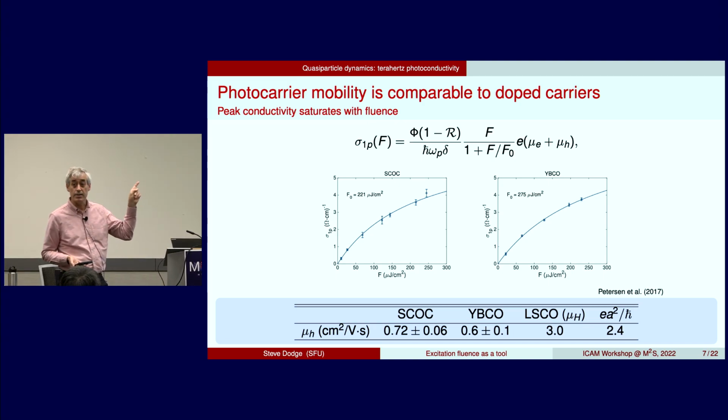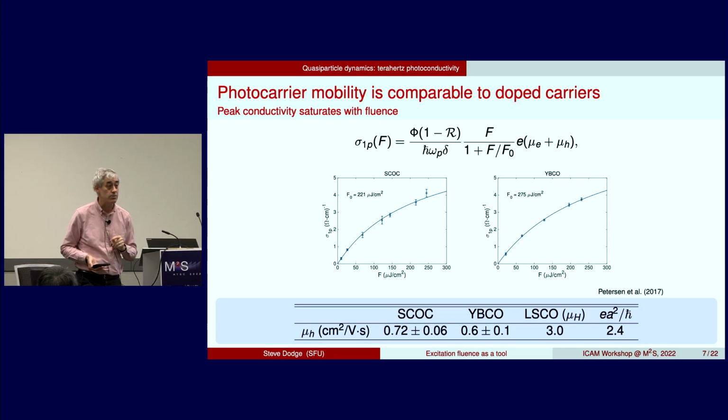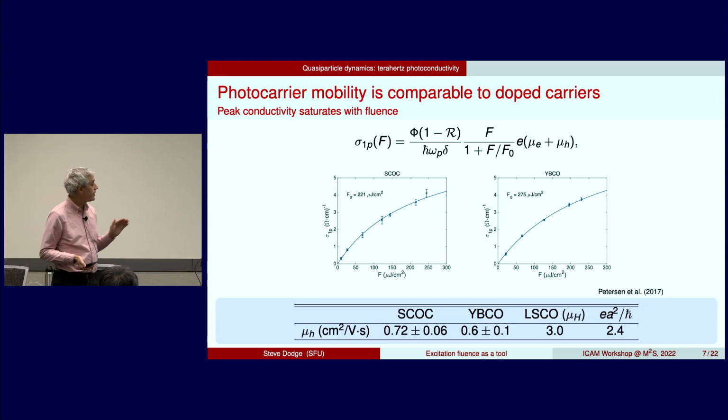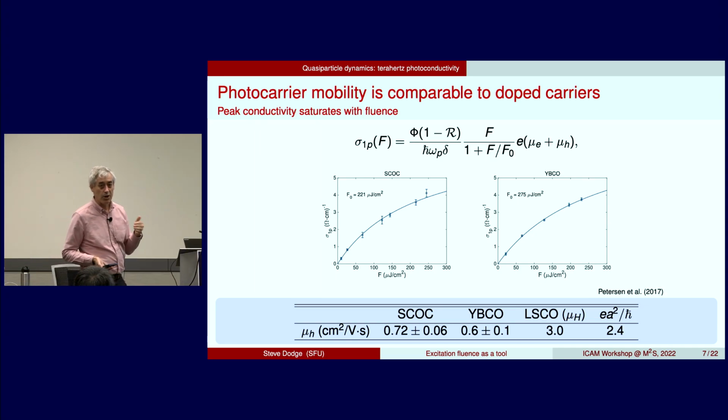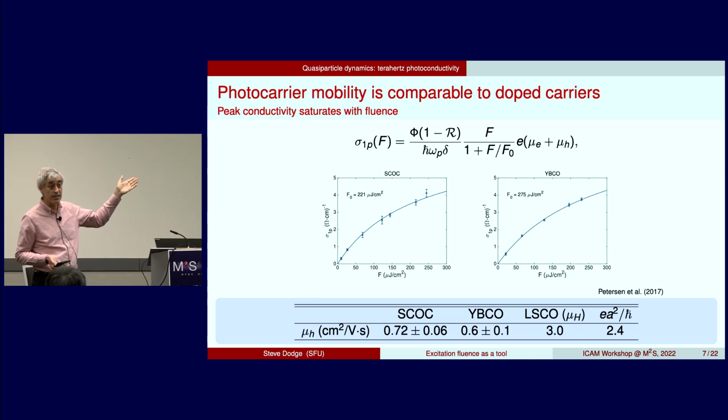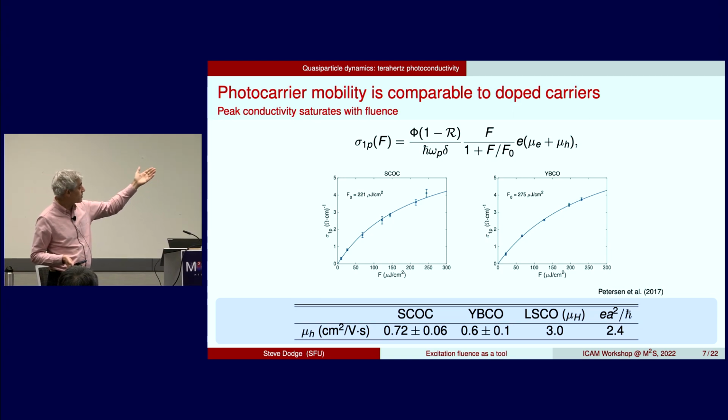And this expression at the very top is one that we've been using to fit these curves, because one of the first things that you see when you study these is that the dependence on fluence is sublinear. We can call that saturation, but it's not immediately obvious from the plots that it is going to saturate at some fixed value. You can still fit with the form shown at the top there.